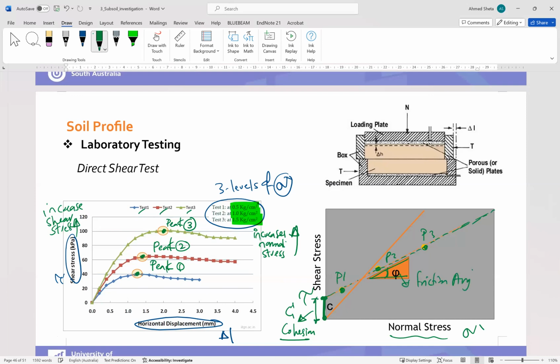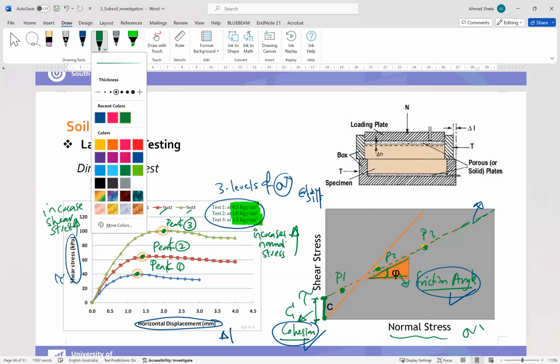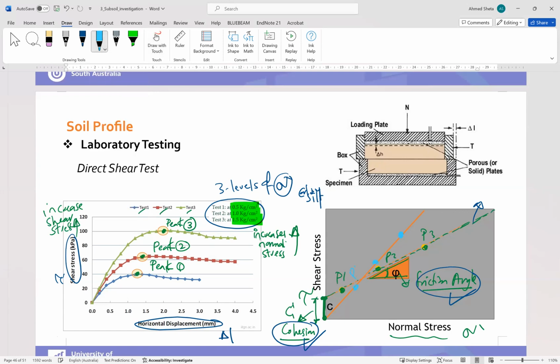If I ask you, what is the type of soil that has cohesion and friction angle? This soil will be clay or silt, because clay and silt have values of cohesion and friction. But if we have sand or gravel soil, what do you expect? For sand or gravel, we will have, for example, these three values, B1, B2, B3, and we connect them together.